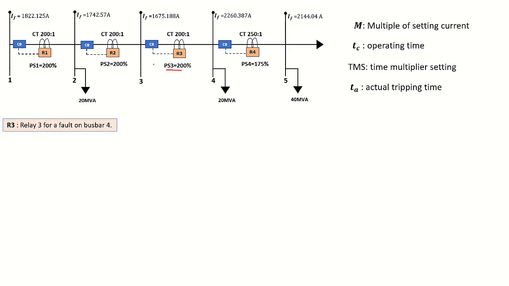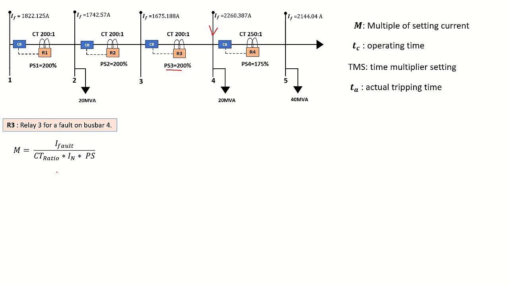So now we move to relay 3, looking out for the fault on busbar 4, that is 2.2 kiloamp. As we've already illustrated here, the first thing to calculate is M. M is given by the following formula, that is I fault divided by the CT ratio times the rated current IN times your plug settings.